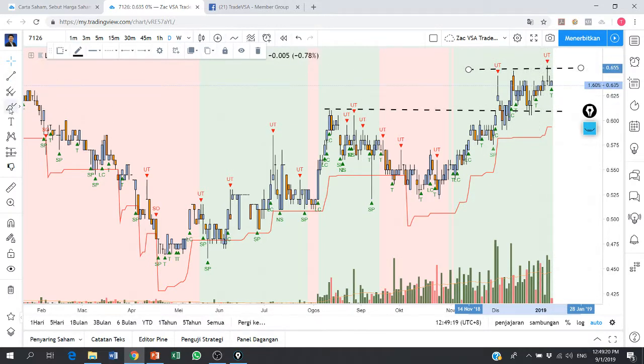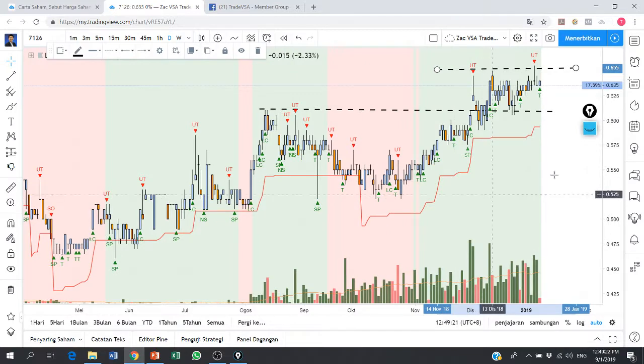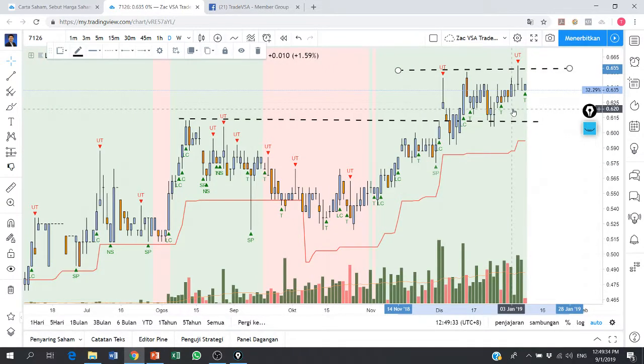This upthrust comes with high volume, followed by two narrow spread low volume bars. This upthrust in fact is not confirmed. So if I were you, already in this trade, I would still hold to run my profits.